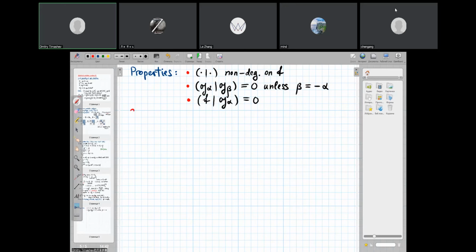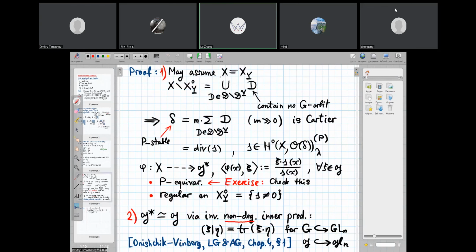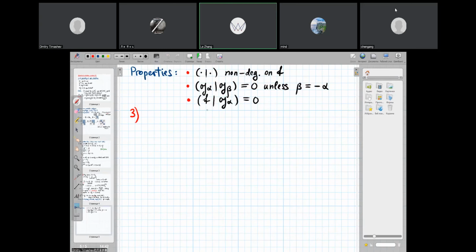Professor, sorry. So this alpha, the index alpha, is one-dimensional? Yes. These are one-dimensional root subspaces in G. I mean, alpha is a one-dimensional representation of G, right?